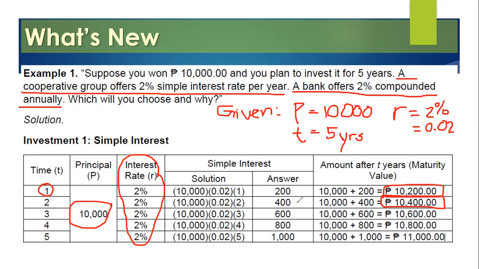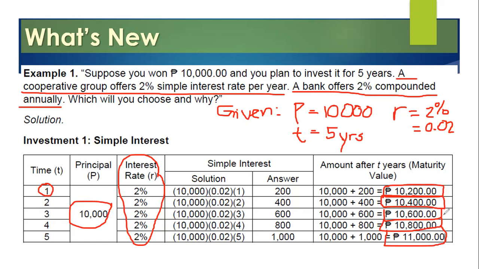After 3 years, magiging 10,600. After 4 years, naging 10,800. After 5 years, naging 11,000. So yung 10,000 mo, naging 11,000.